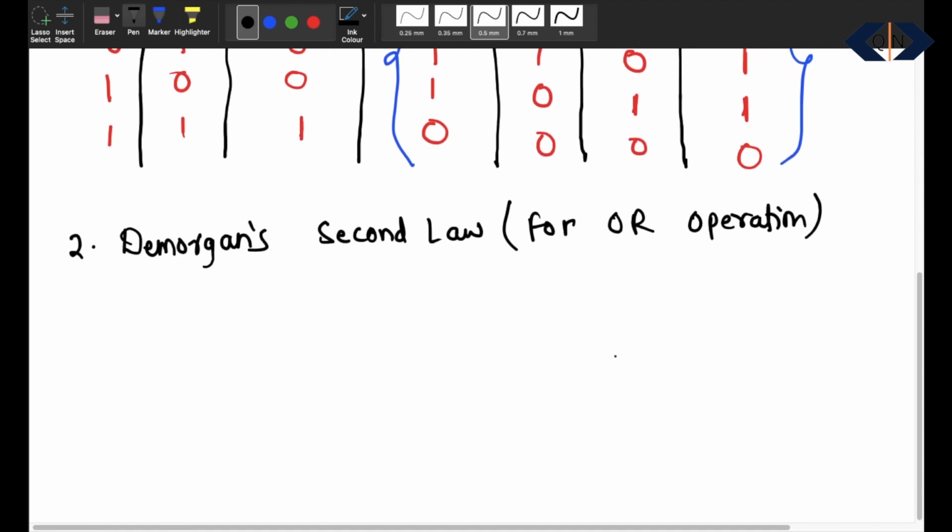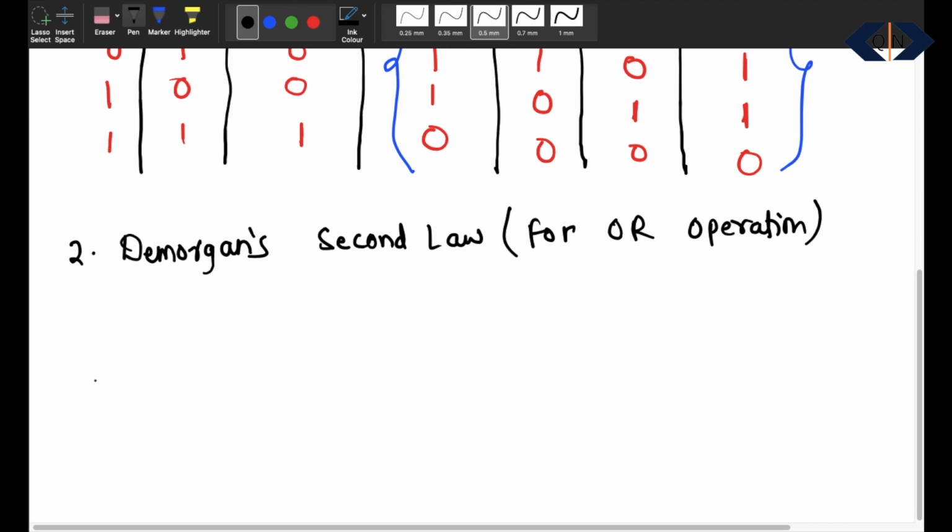Let's see what De Morgan's second law says. According to De Morgan, NOT of A or B is equal to A not and B not. Basically it is saying that the negation of the sum, the OR operation, is equal to the product of the negation of A and the negation of B.